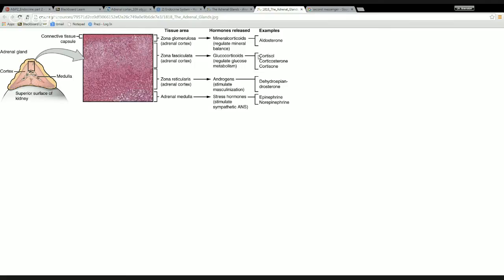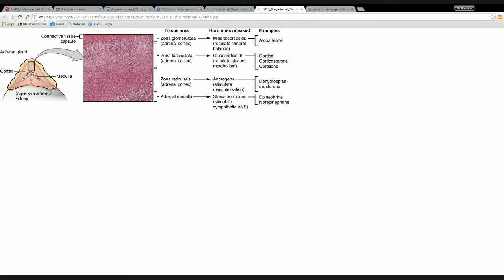You've probably heard of cortisol, okay, which is often referred to as the stress hormone. When you're stressed, you release cortisol, which is going to stimulate glucose metabolism, which means you're going to start having cravings for sweet things, something like that. So when you get stressed, you got to have a cupcake or whatever, blame it on the cortisol. Okay. Don't use that as an excuse to eat all the cupcakes you want, but that's part of what's behind it.